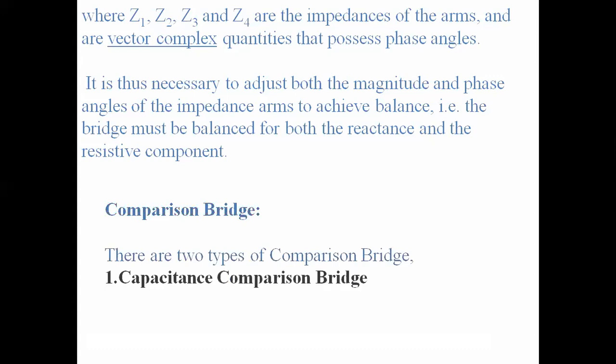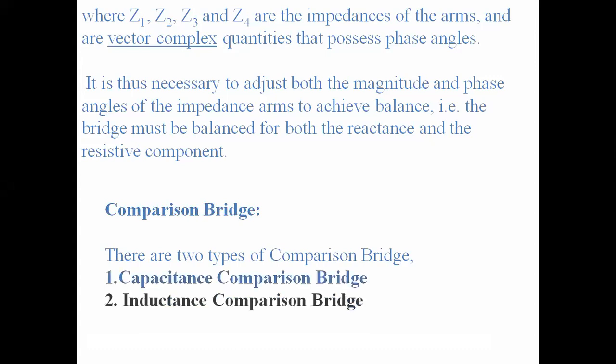The first one is the capacitance comparison bridge, where the unknown capacitance is measured. The value of the unknown capacitor is determined by comparing it with some known or standard capacitance value.